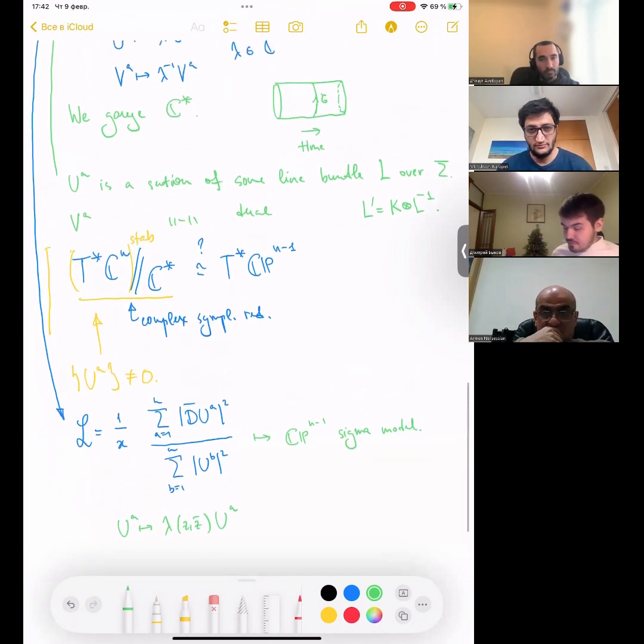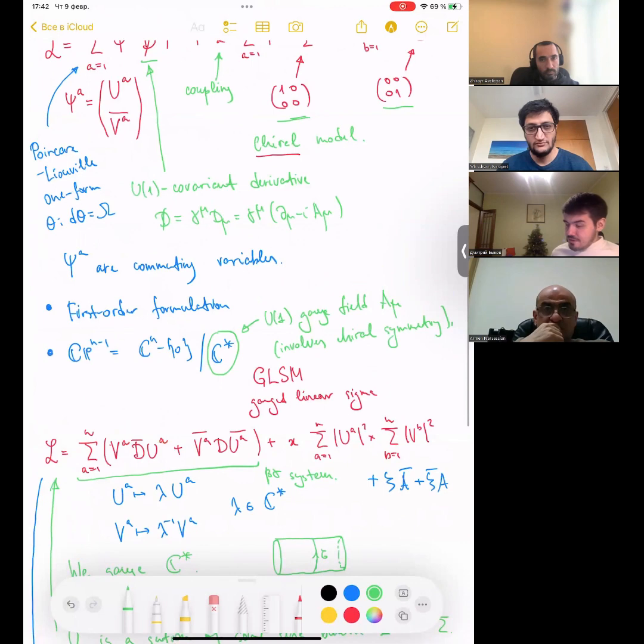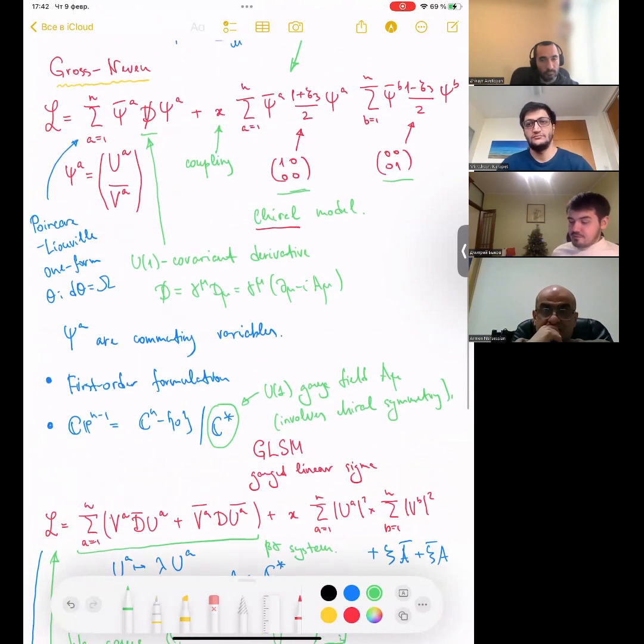By the way, the non-trivial point here was that we actually had a kind of usual Dirac system with a free fermion, albeit a commuting one. So we had a U1 covariant derivative, but it's automatically a C star covariant derivative.